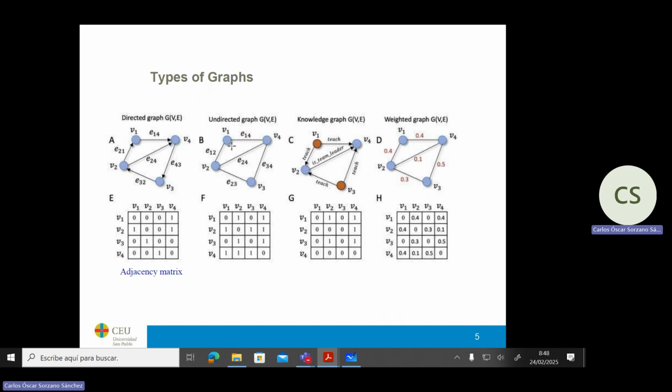So a graph is represented by an adjacency matrix. In the adjacency matrix, you put all nodes in both axes, and then you put a 1 if there is a relationship from V1 to V4. So for instance, here, there is this edge. This edge starts at V1.